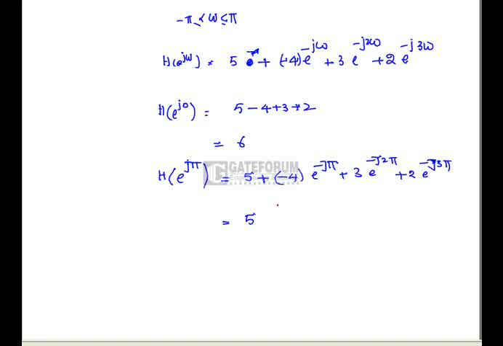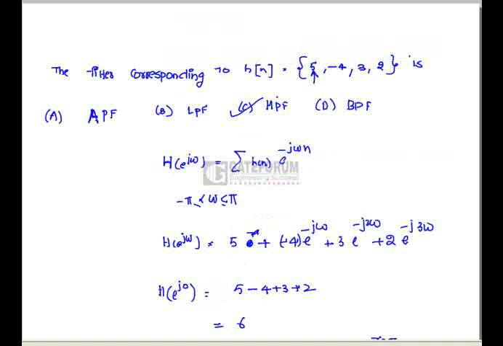Here e power j pi is minus 1, hence it is 5 plus 4; e power j2 pi is plus 1, so plus 3; e power j3 pi is minus 1, so minus 2. So 5 plus 4 is 9, 9 plus 3 is 12, 12 minus 2 is 10. So H of e power j0 is less than H of e power j pi. It means it is working as a high pass filter, hence option C is correct.